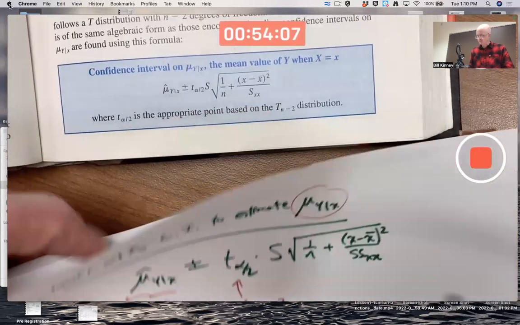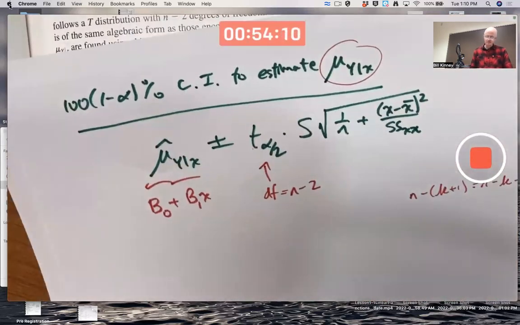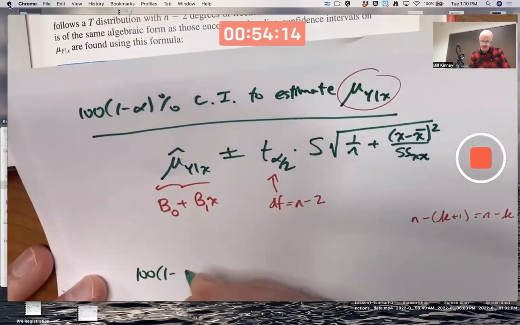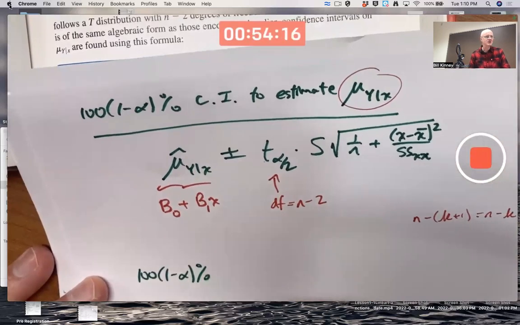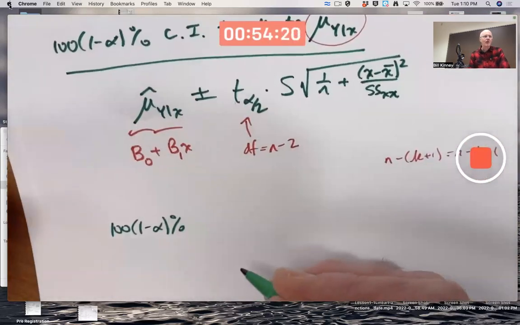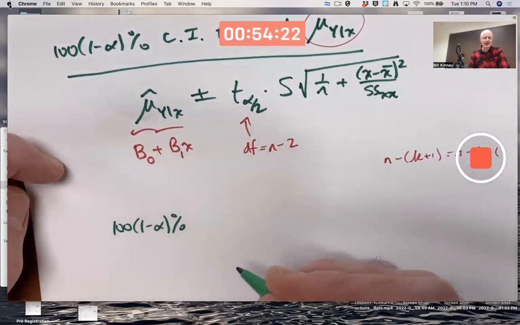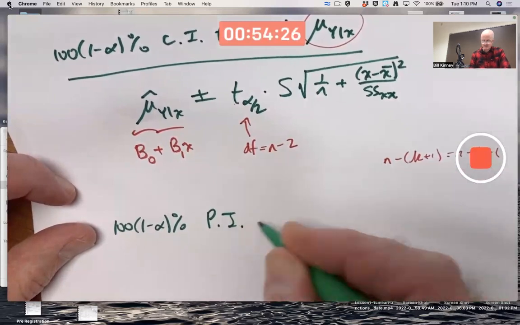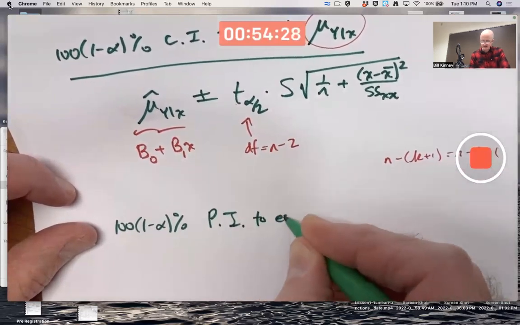There's also one more thing. This is the last thing. I think this is the last new thing of the semester right here. 100 times 1 minus alpha percent PIs to estimate something.